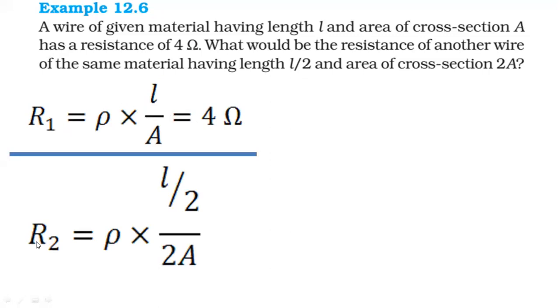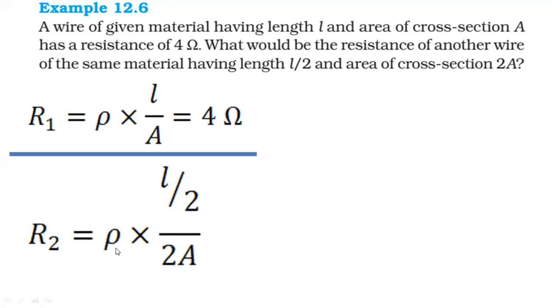Now for the second resistance, the formula would be the same, but the length has been reduced by half and the area has been doubled. So in place of L, I have to put L by 2, and in place of A, I have to put twice A. Why? Because the area has been doubled and the length has been halved.